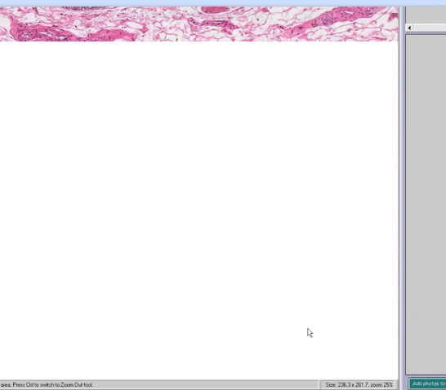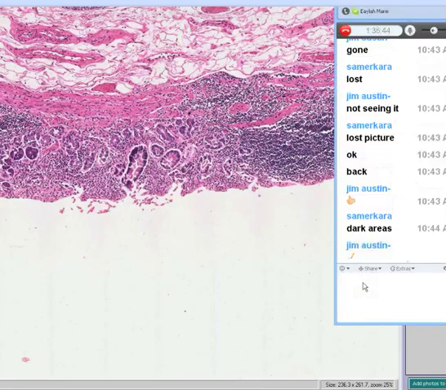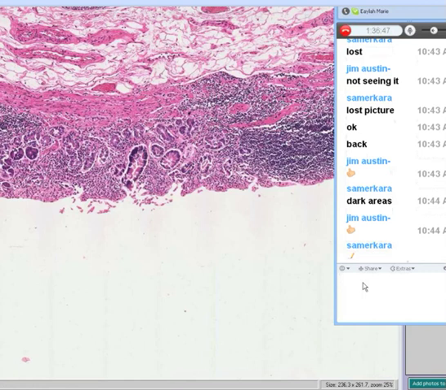let's blow up another area, which I'm going to do very, very soon. In about 8 seconds, everybody's going to see this blown up area. And I want to remind you, by the way, this is not a trick or a difficult diagnosis.